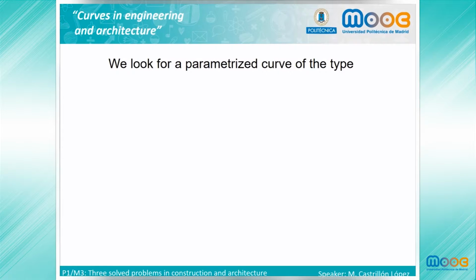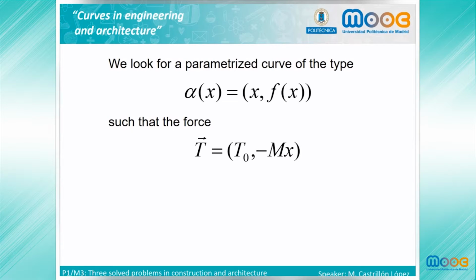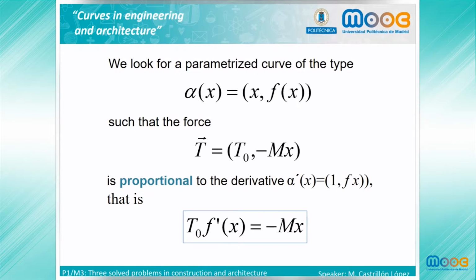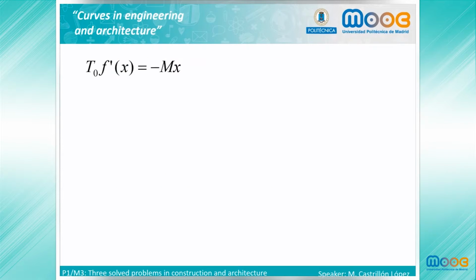We look now for a parametrized curve of the type the graph of a function f, such that the force we computed before at point x is proportional to the derivative, that is proportional to the tangent vector. This implies that T0 times the derivative of f equals minus mx. We need to find a function satisfying that relation.